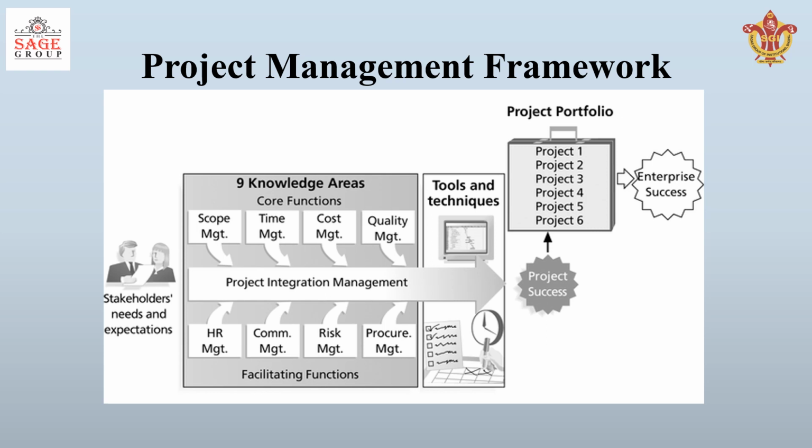Now, what are the facilitating factors? The facilitating factors are basically the management aspects that are again going to be taken care of. For example, the HR management, the communication management, the risk management, the procurement management. For example, the HR management is going to ensure that we have adequate manpower in order to accomplish the objectives. That is, we have the manpower in adequate numbers and they do possess the requisite amount of skills.